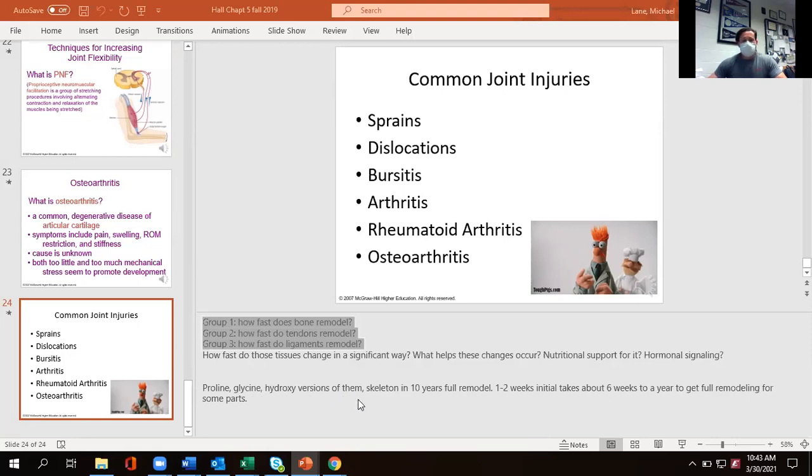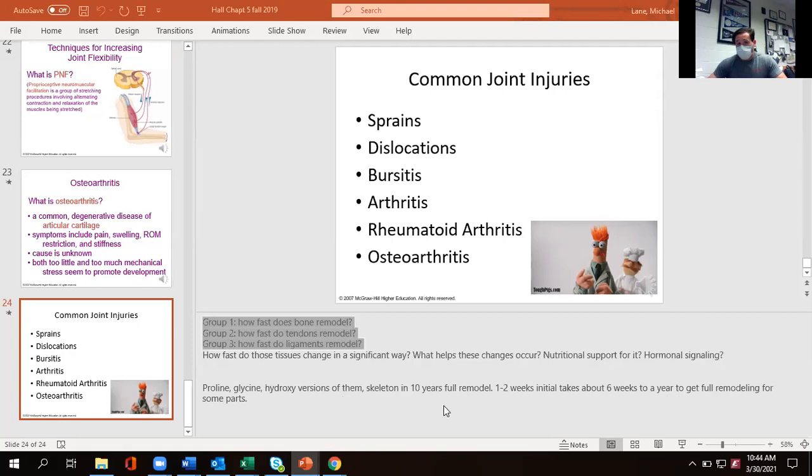Now, when it comes to the full remodeling of our skeleton, it actually occurs once a decade. So every single part of every single bone in your body will have been swapped out in that period of time. That's just because all of our cells are constantly turning over, but it's not going to be a rapid change. Hence the 6 weeks to a full year to get remodeling in some body parts.